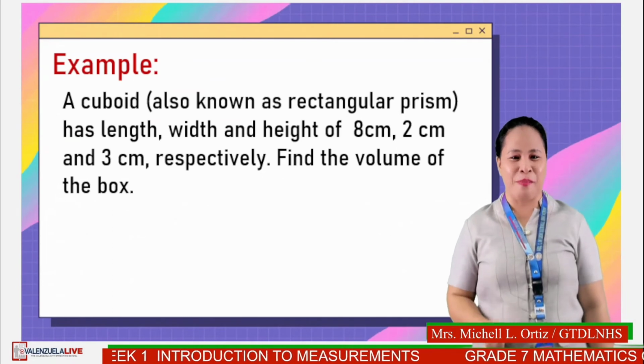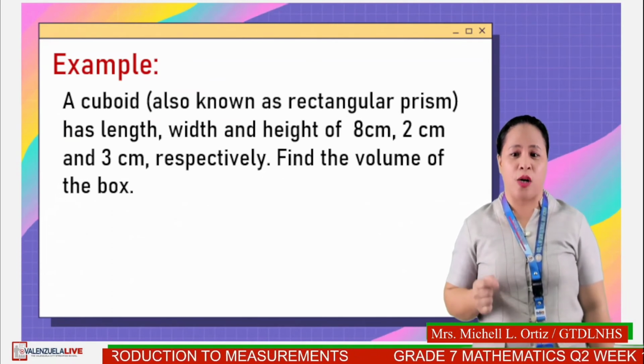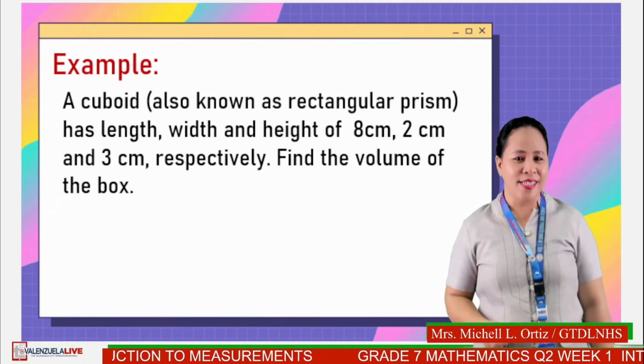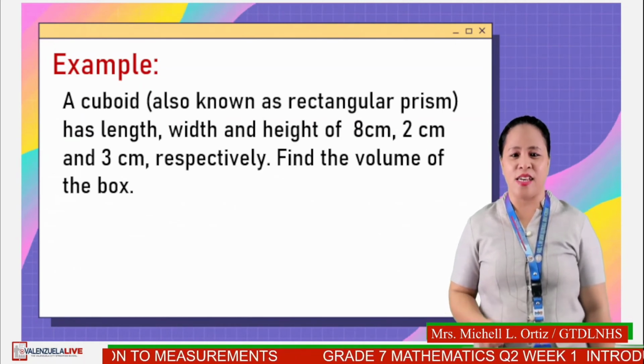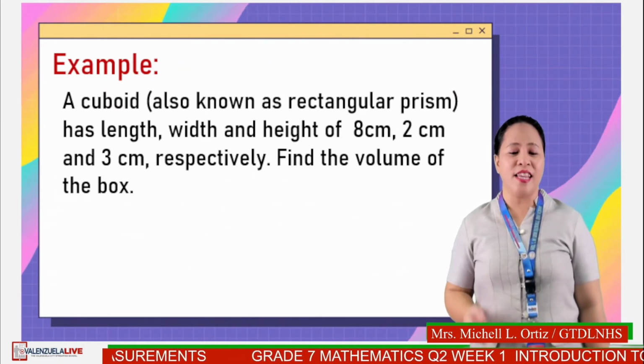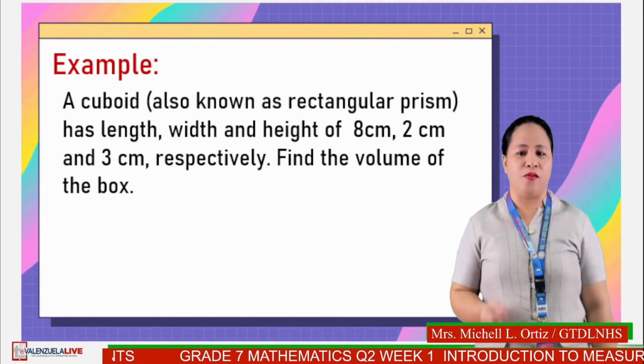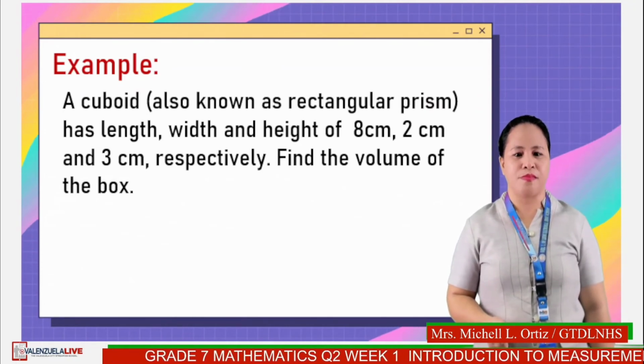Let's have an example. A cuboid, also known as a rectangular prism, has length, width, and height of 8 centimeters, 2 centimeters, and 3 centimeters, respectively. Find the volume of the box.